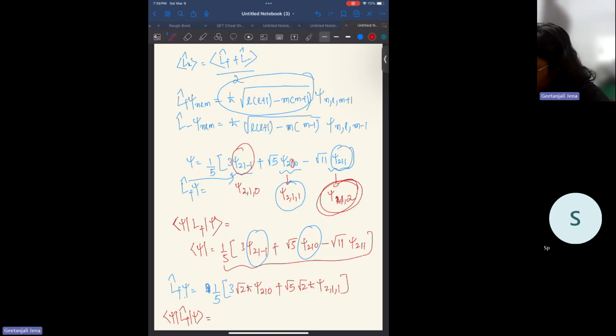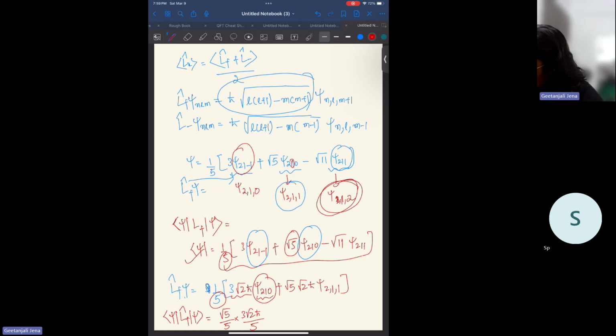you have to see what is the coefficient of psi 2 1 0 here with the dagger. For 2 1 0, there is root over 5 by 5, right? So this will be root over 5 by 5 into this one, 3 root 2 h cut by 5.